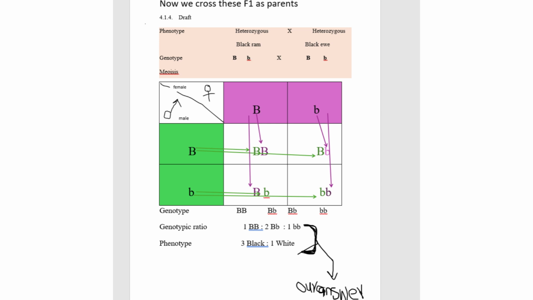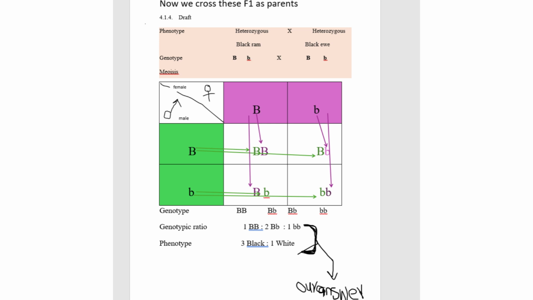Then comes fertilization, and I have my second filial generation offspring. I have homozygous dominant, BB, two heterozygous offspring, Bb, and one homozygous recessive, bb, two small letter b's. So, I did it here.